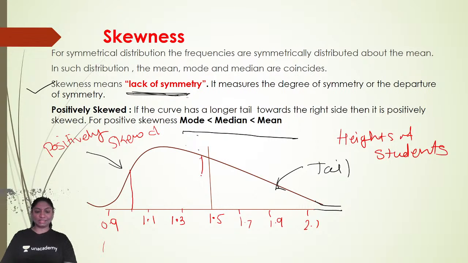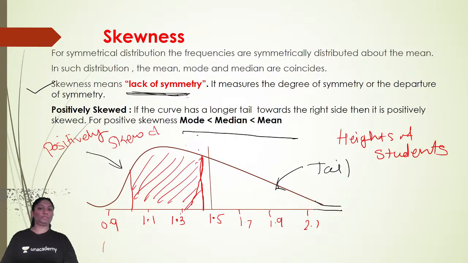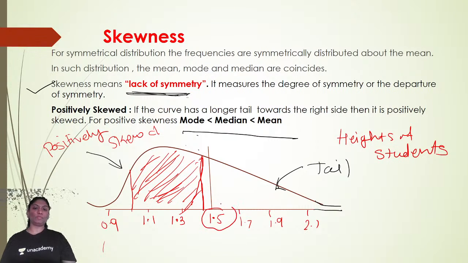So this data is positively skewed because we are taking 1.5 as the central value.